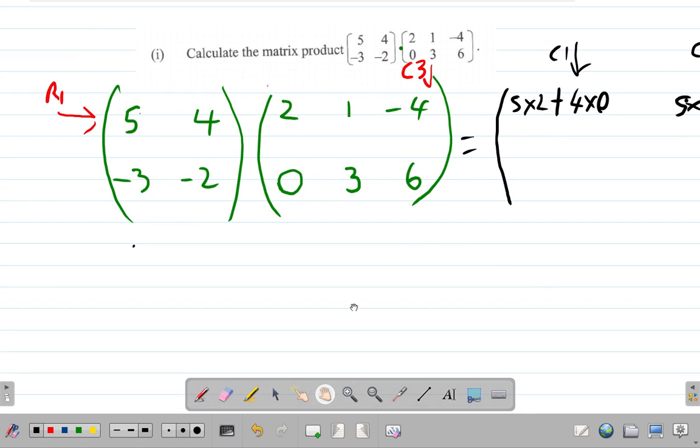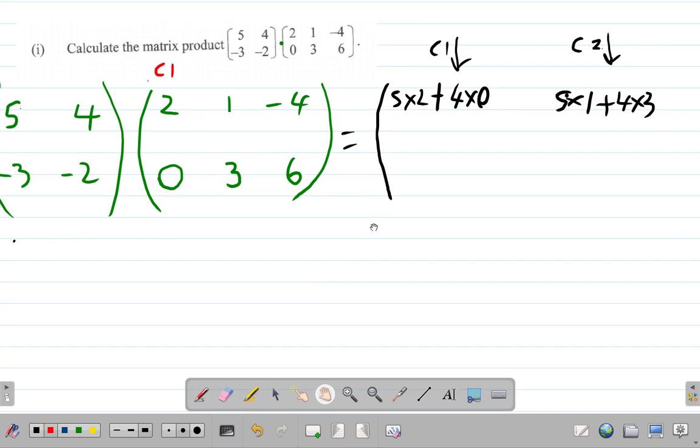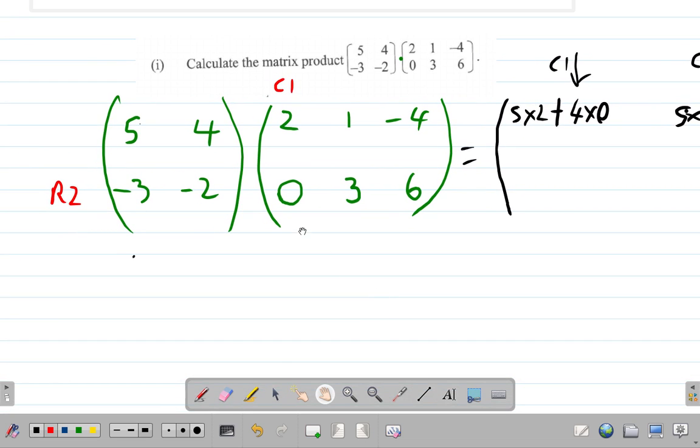Next, we will move to row 2. This is row 2. And we multiply row 2 by column 1, because I am ready to put this in. And this is in row 2, column 1. So I multiply row 2 by column 1. You see that?